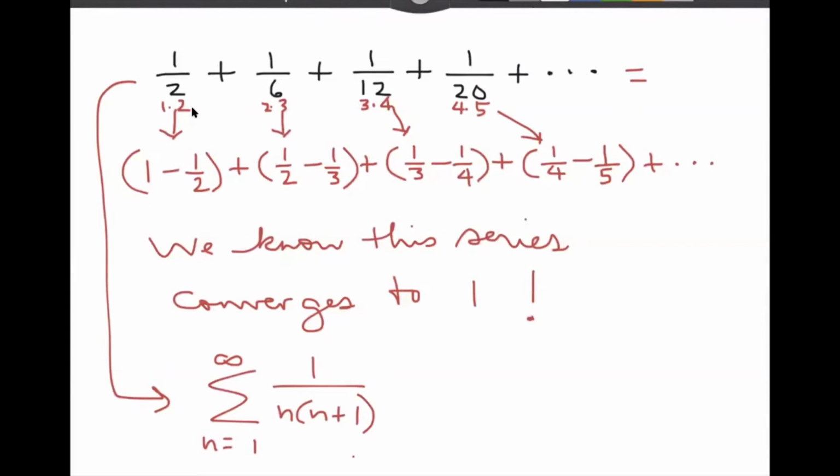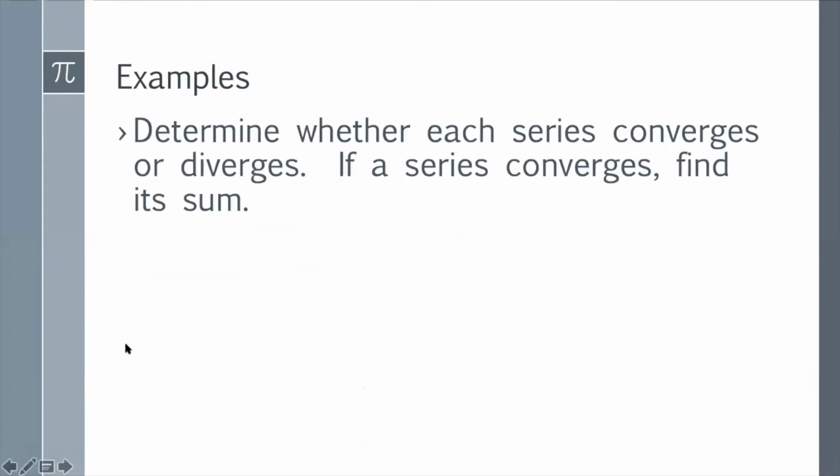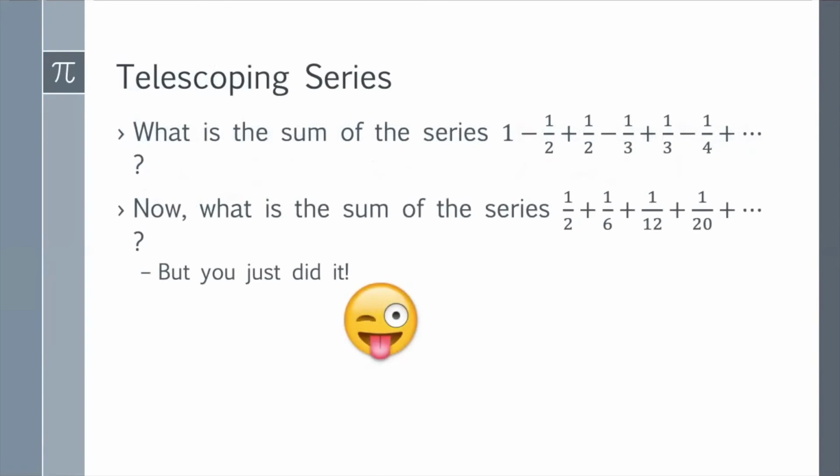Okay, so let me go quickly over to our examples. And as always, once we look at the examples, we'll go back to the tablet to work them out. So a couple of examples. And by the way, this type of series is called a telescoping series.